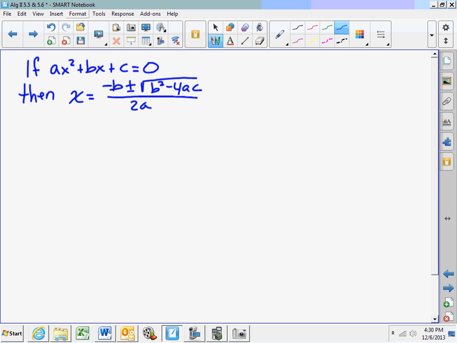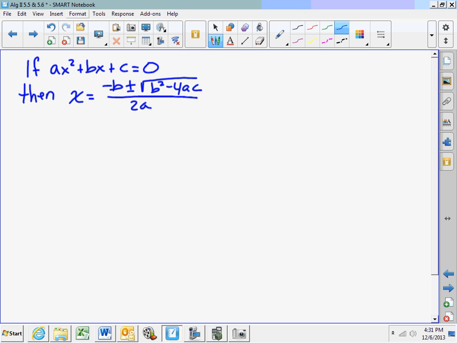And the quadratic formula gives us those two answers by adding the square root of b squared minus 4ac to something and then dividing by 2a. And then it gives us the other answer by subtracting that same value, the square root of b squared minus 4ac, from something and then dividing by 2a.